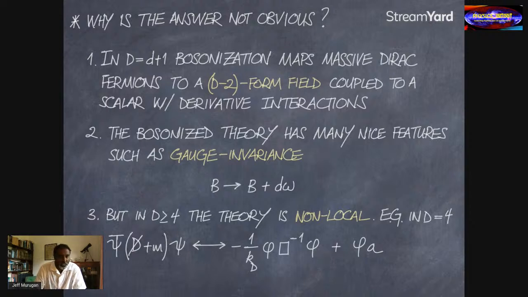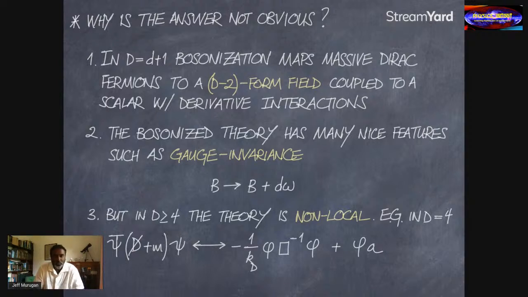So, for example, in 4-dimensional spacetime, a massive Dirac fermion, psi, say, gets mapped to a bosonic field, call it curly phi, and the kinetic term there actually goes like the Green's function, 1 over box, box being the d'Alembertian.